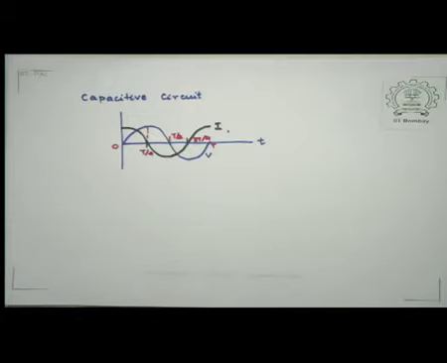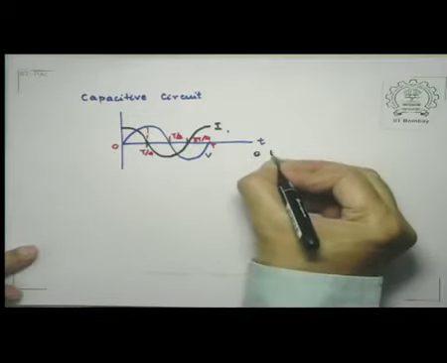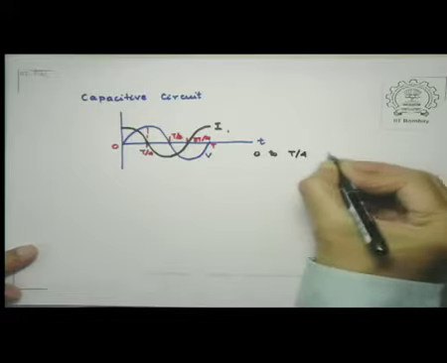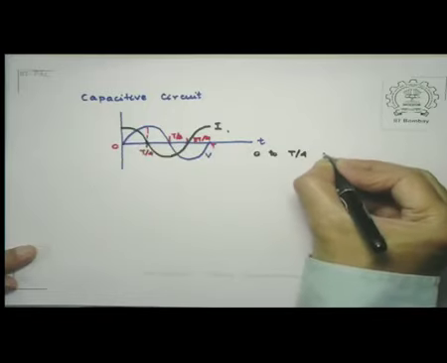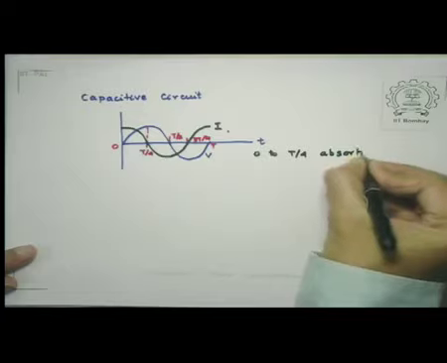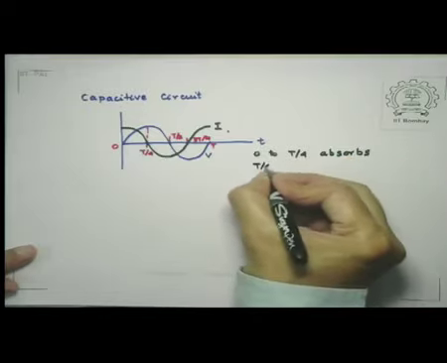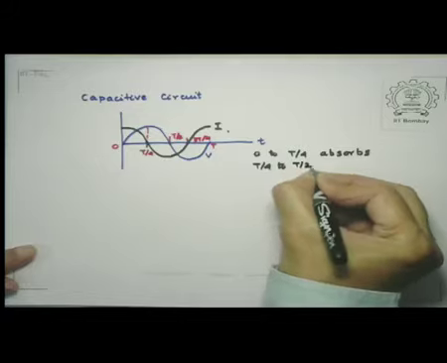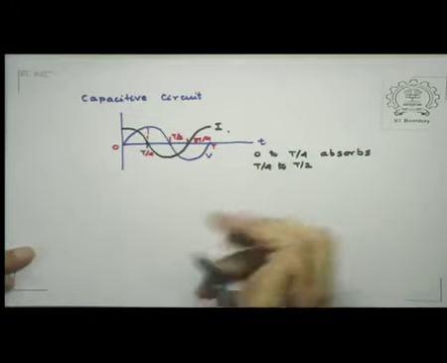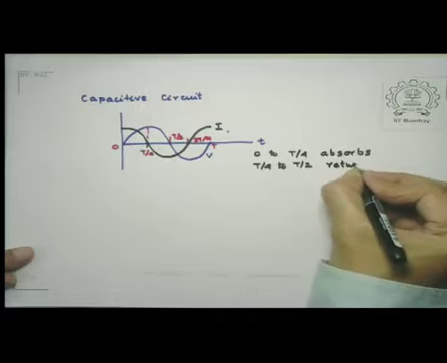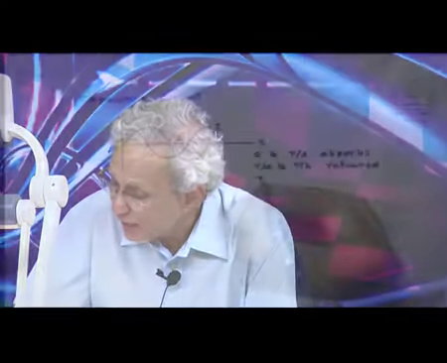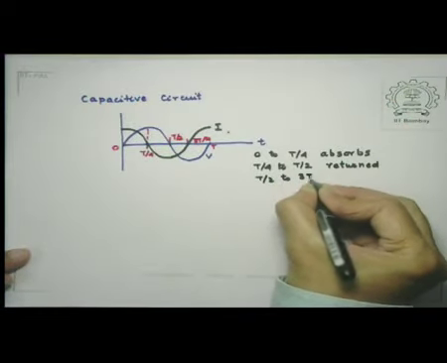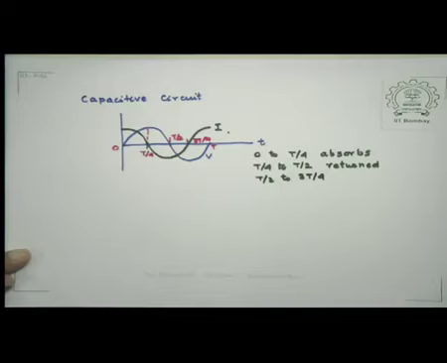So notice in this case, from 0 to T by 4, V times I is positive, so the circuit absorbs power. From T by 4 to T by 2, because the product of the current and the voltage is negative, the amount of power absorbed in the previous quarter cycle is returned, and again from T by 2 to 3T by 4, both current and the voltage are negative.